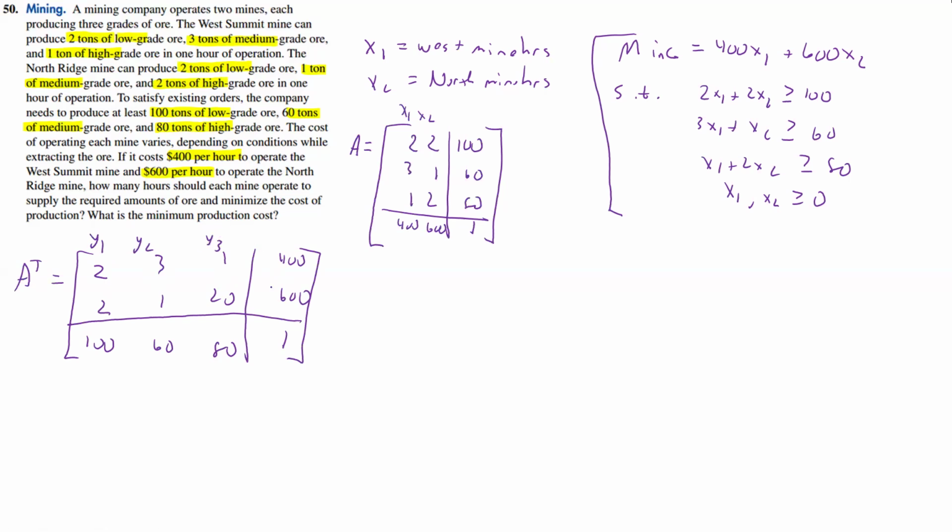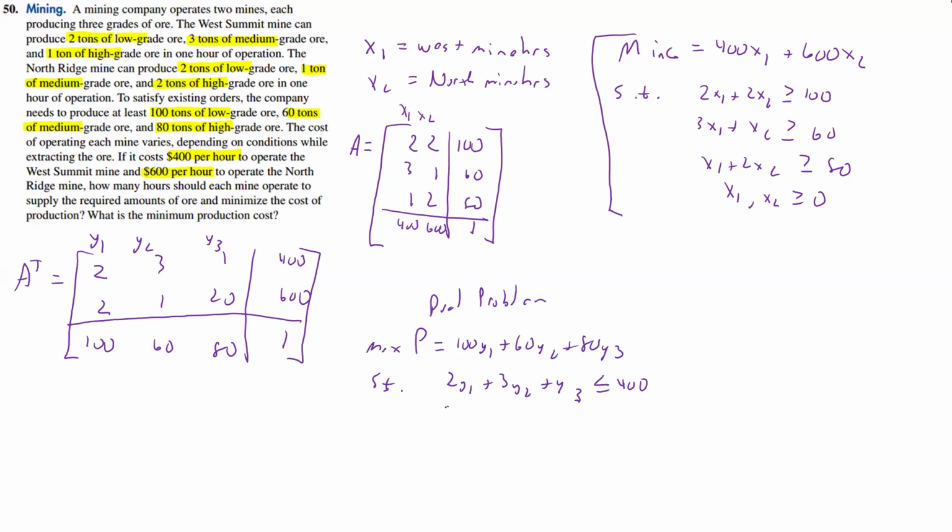All right, so let's write our dual problem. So the dual is going to be, we're going to maximize P equals, now down at the bottom, we have 100 y1 plus 60 y2 plus 80 y3. And it's subject to 2y1 plus 3y2 plus y3 less than or equal to 400.